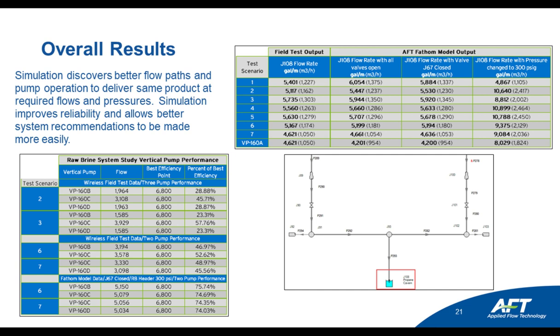So they did a lot better in those cases, while still maintaining the required flow rates into the cavern that they needed. So they're able to not operate all the pumps that they had and still meet their requirements. And that's the flow rates into the cavern that they're concerned about.